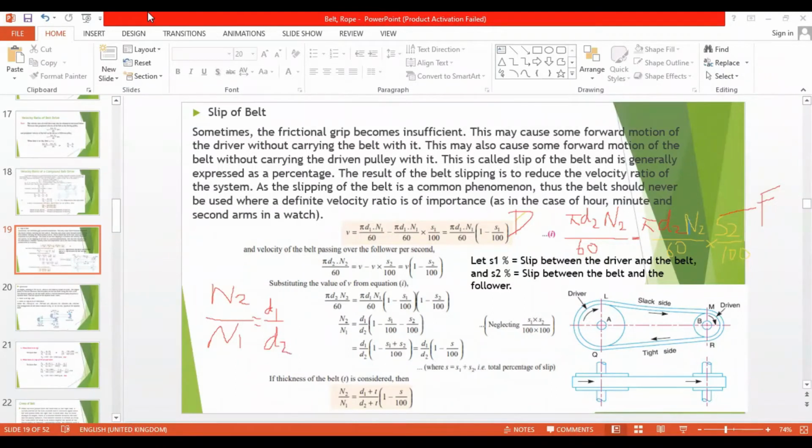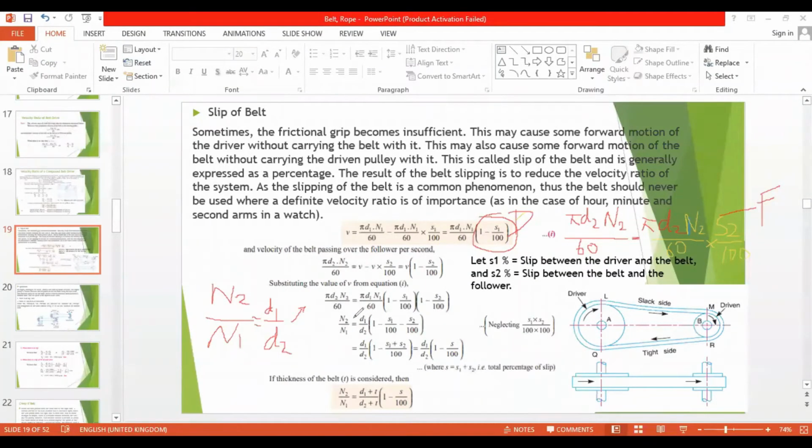From this, I need to reduce the loss part. So from here, πd2n2/60 is equal to πd1n1/60 × (1 − S1/100) × (1 − S2/100).